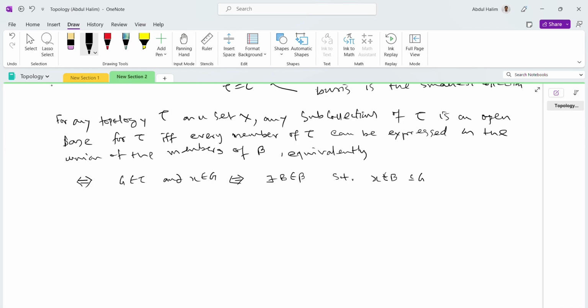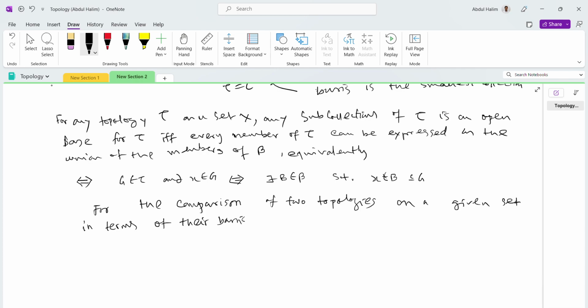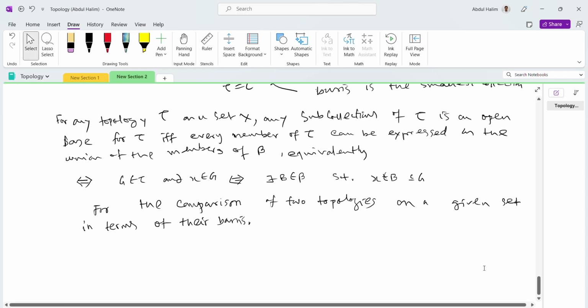Equivalently, we can write this is if and only if the condition: Z belongs to tau and x belongs to Z, there exists b belongs to beta such that x belongs to b subset of Z. Actually, we get a criteria.